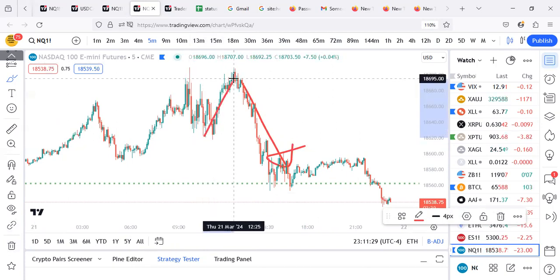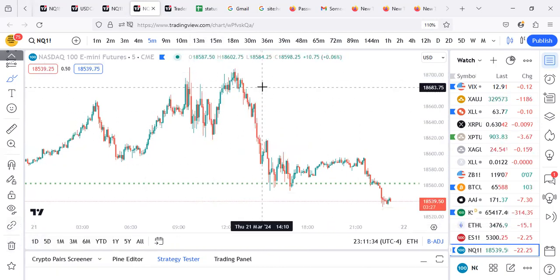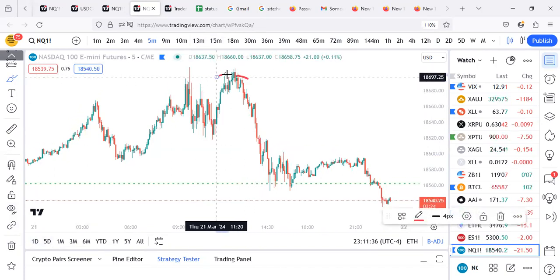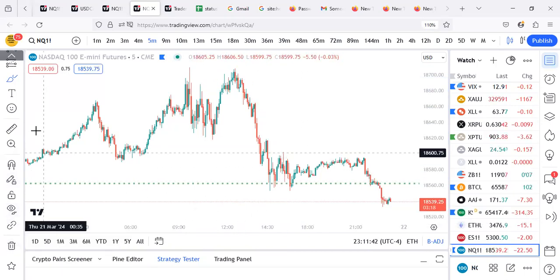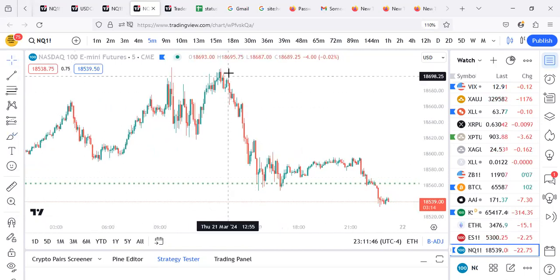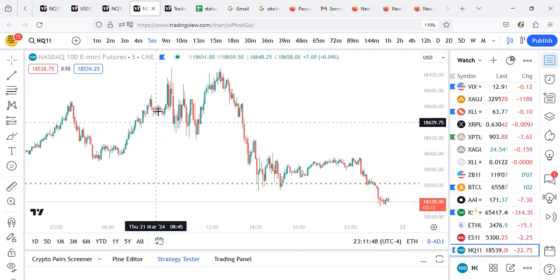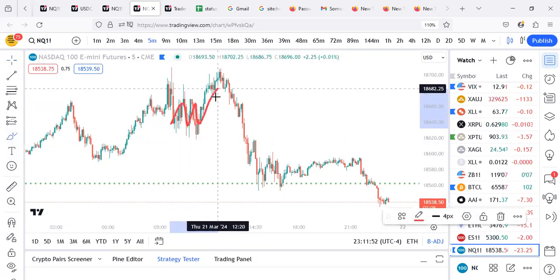You were not interested in longs. You were interested in short only. I don't know what your strategy is, but maybe this was a head and shoulders you saw. You could have shorted this head and shoulders or whatever. But I hope you get the gist of the idea I'm trying to tell you. So you grow your account by catching this. I don't think anybody has the ability to trade this.